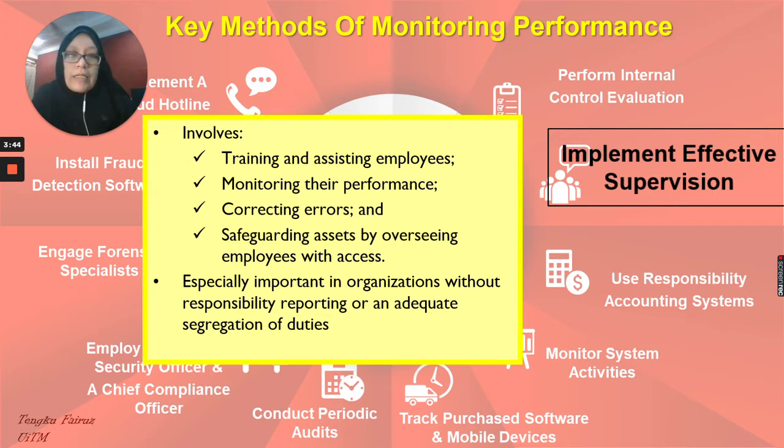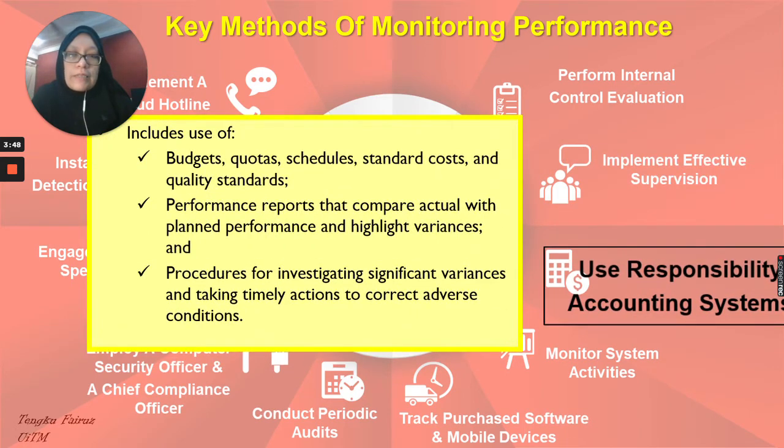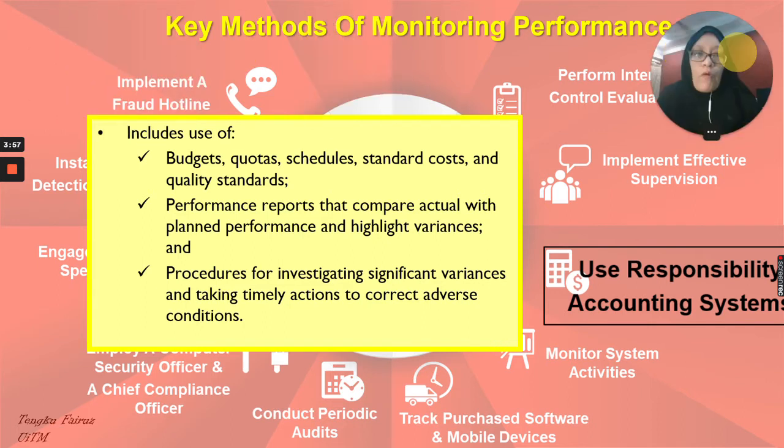Okay, then the third method of monitoring is to use the responsibility accounting system. So this includes budgets, schedules, standard costs, quality standards. Then they can also use the performance report, whereby in this report they can compare actual with planned performance, and it will highlight any variances incurred between the actual and plan.